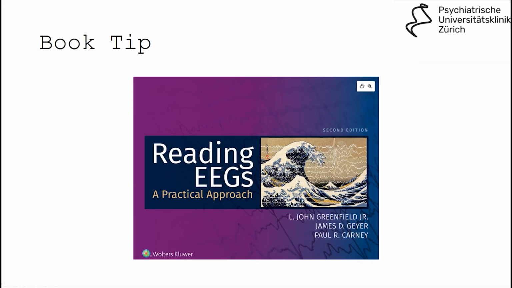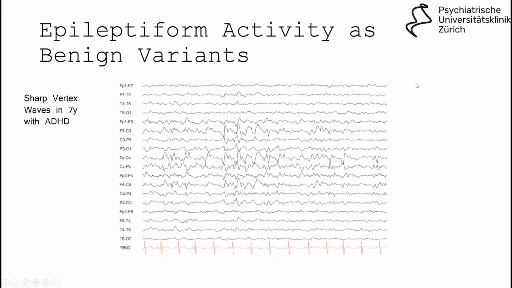In psychiatry we of course see spikes and spike wave complexes, epileptic-like activity, but not so highly frequently that I could take the examples from our database, so I took them from the book so that you can see what you should look out for. Everyone who's interested, this book is a good recommendation.